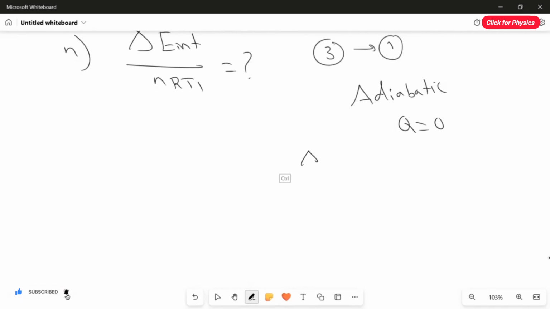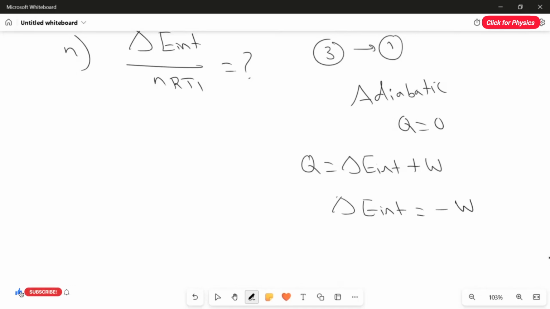Q is equal to change in internal energy plus work done. If Q equal to 0, your change in internal energy is equal to negative of work done. Am I right?